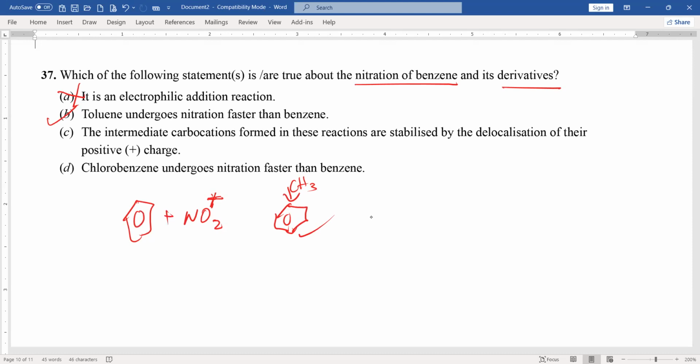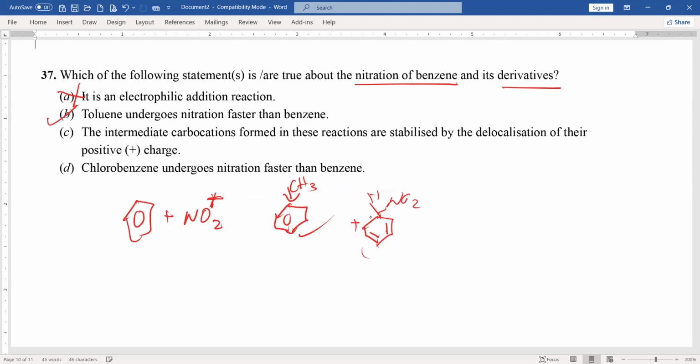The intermediate carbocation formed in the reactions is stabilized by the delocalization of the positive charge. Yes. Benzene with NO2 reacting, we cannot put it on the hydrogen. So you may have this kind of bond, so it is plus.